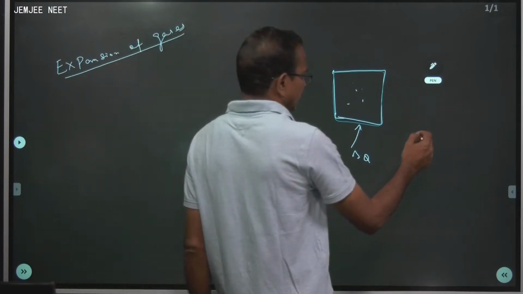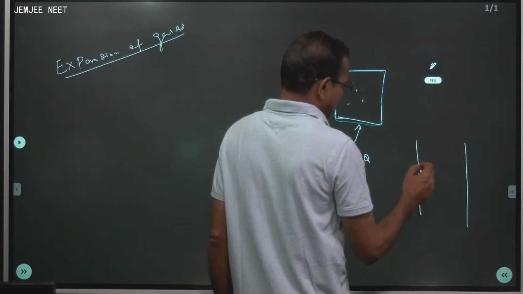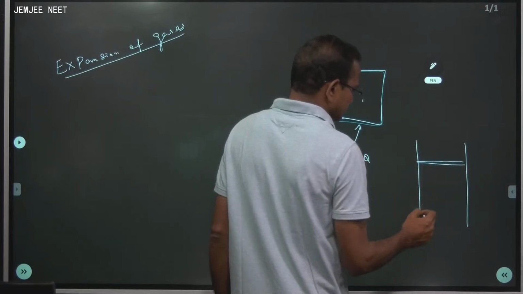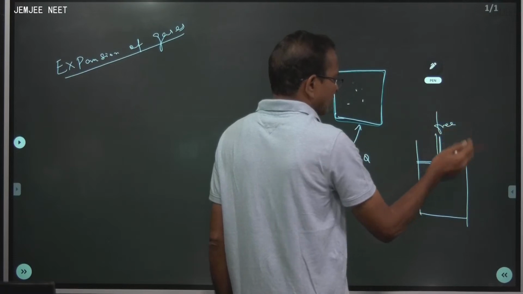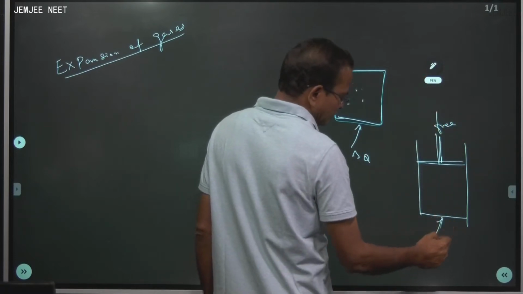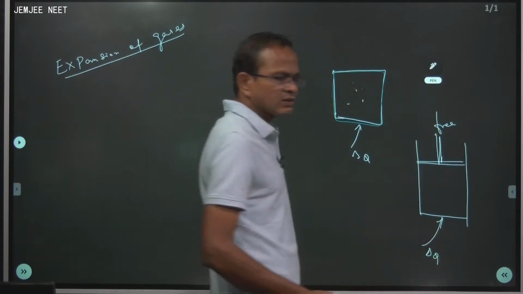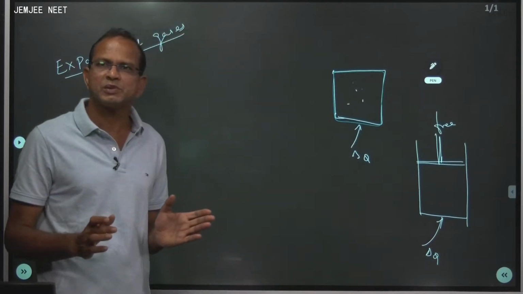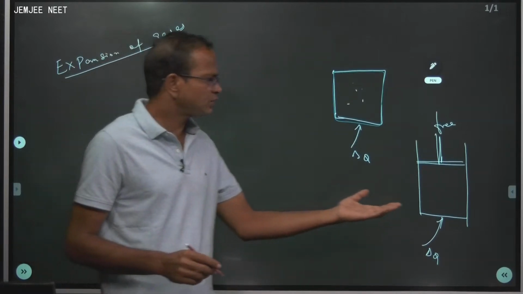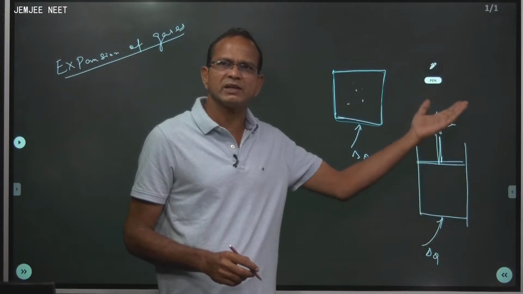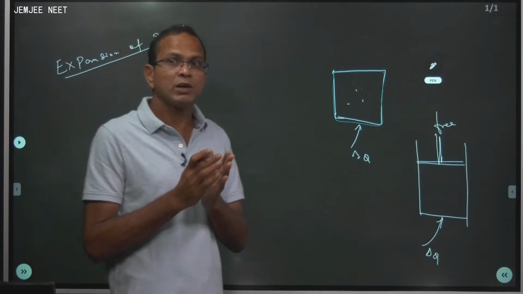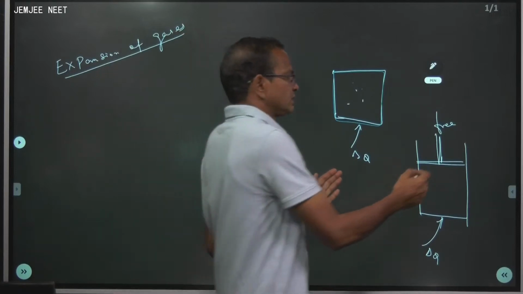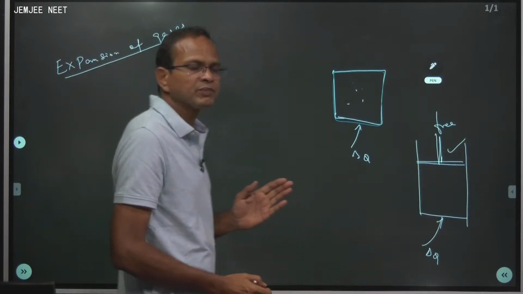Suppose the gas is just free to move. In this condition, you are heating it. We are going to call it specific heat at constant pressure, because it is free to move and the pressure remains the same inside. But now what I want to take is only this constant pressure case.